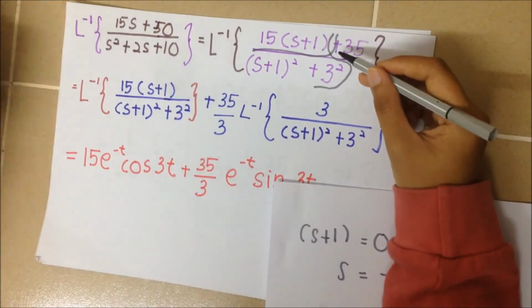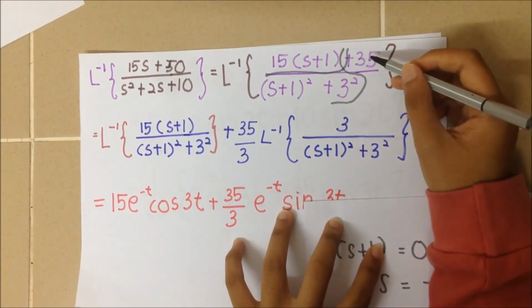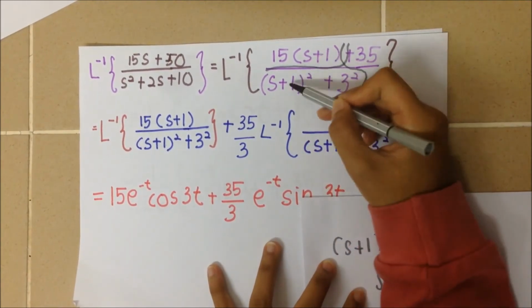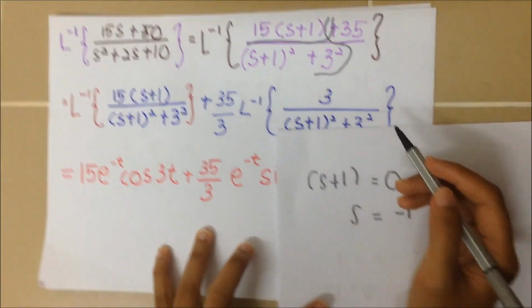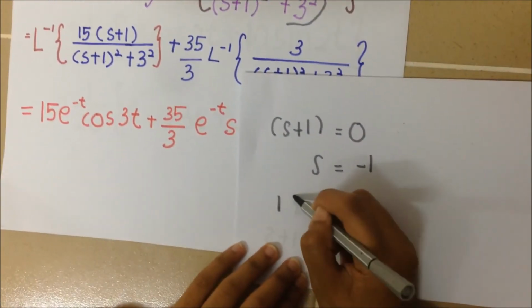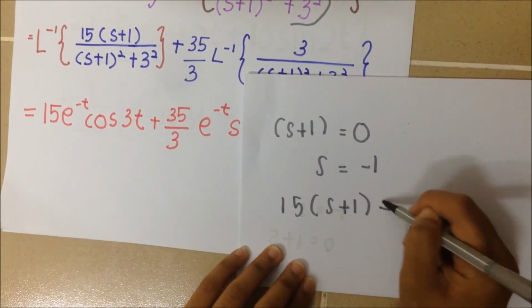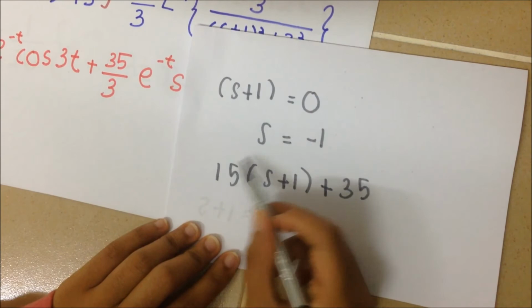Okay. Yang atas pula untuk dapatkan yang ni. Lepas tu yang atas ni kan S tambah 1, kita kena samakan dengan yang atas untuk kita factorizekan lagi, bagi kecil lagi. So jadi dia macam ni, 15 darab dengan S tambah 1 tambah dengan 35. Macam saya cakap, kita boleh expandkan.